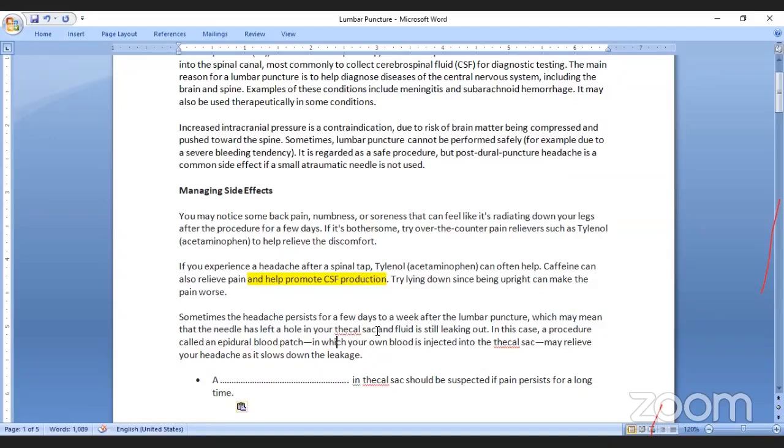A hole, yes, a hole in thecal sac, because thecal sac is already written. A hole in thecal sac should be suspected if pain persists for a long time.